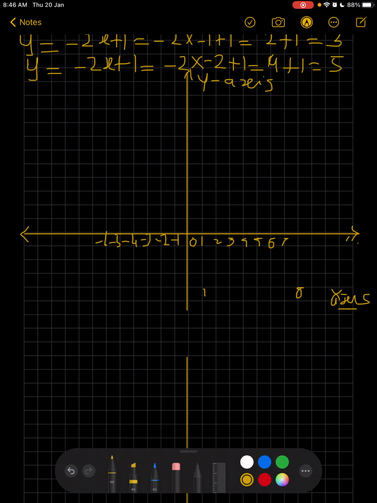You will take the numbers on a graph paper. Then 1, 2, 3, 4 positive numbers above, 5 and 6. Negative numbers below. Minus 1, minus 2, minus 3, minus 4, minus 5, minus 6.